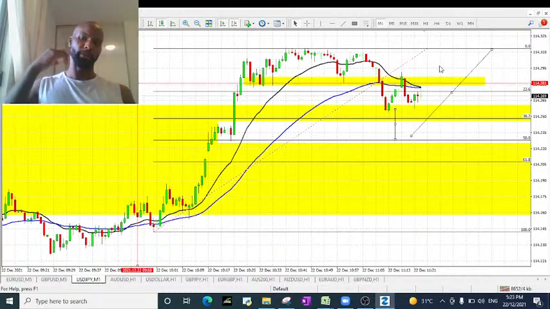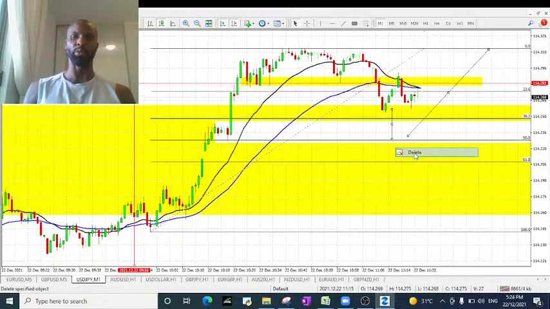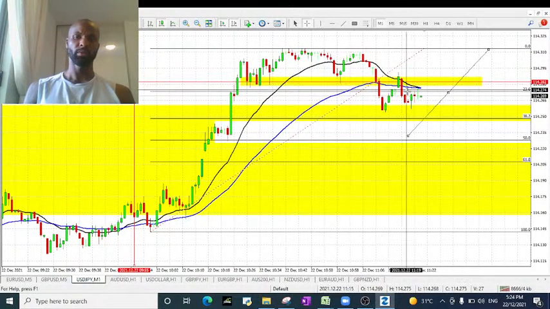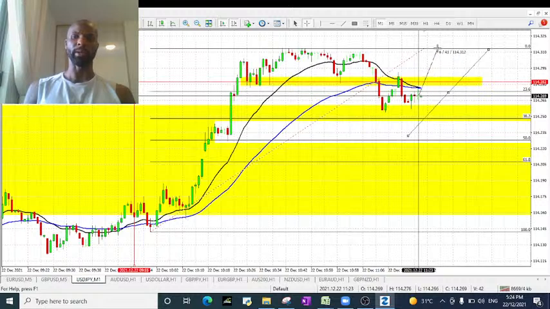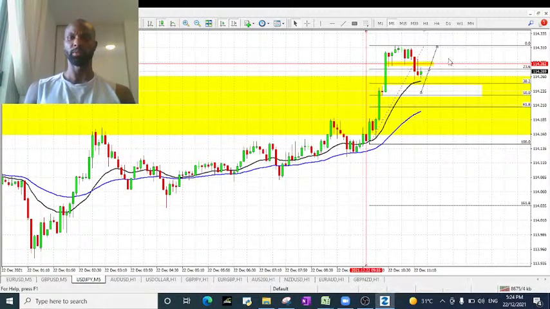It looks like the sellers don't have much juice left in them. Where I got in screwed with my risk reward a little bit, but I can sense that the buyers are stepping in, that's for sure. So let's see what happens.